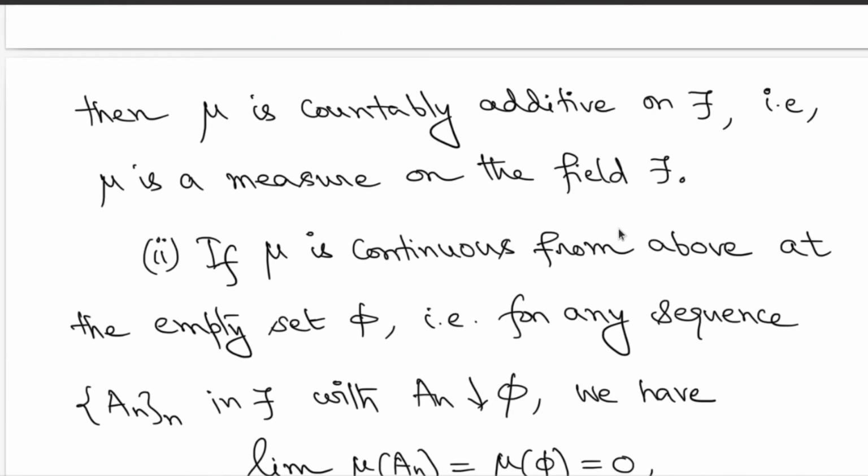Okay, so together with finite additivity and continuity from below, you can claim countable additivity, and thereby you get a measure on a field.